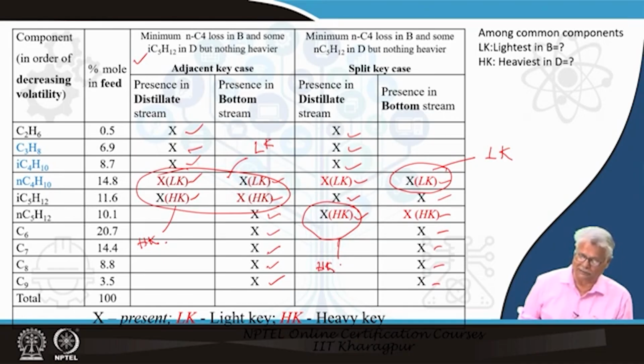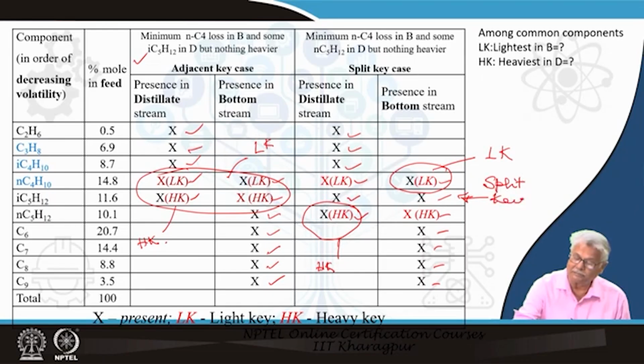This is going to be my heavy key, because in this case it is the heaviest component in my distillate. Now, apart from the light and the heavy key, you have at least one component which is in between, which is present in both. So, this is called a split key, which has volatility between the light and the heavy.